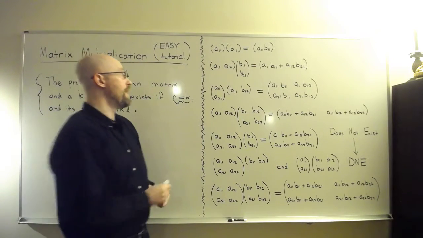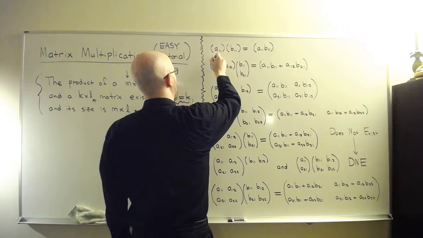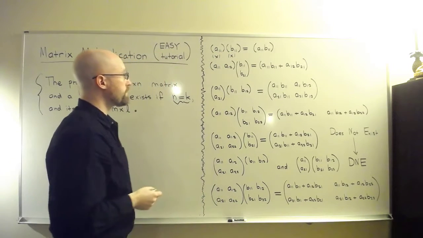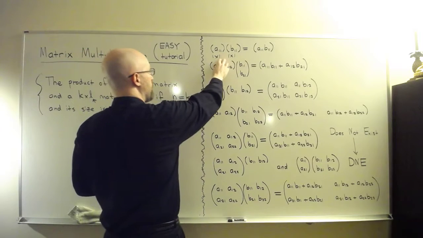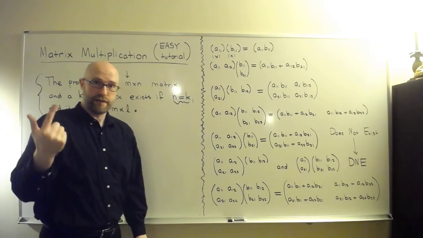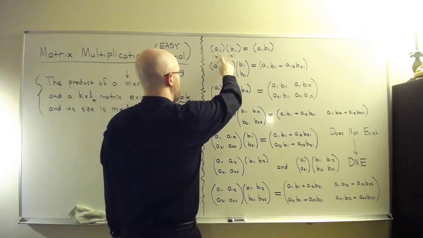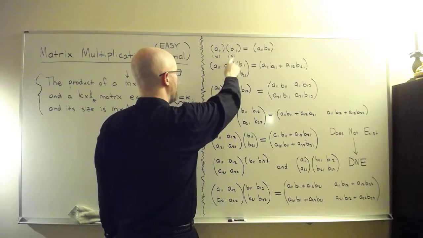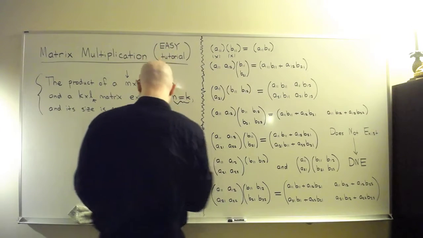They're one by one matrices. Here we have a one by one, and here we have another one by one. Well, the middle numbers agree, so the product does exist. And the size of the product is given by the outside numbers, the 1 and the 1. It's a 1 by 1, and that's that over there.